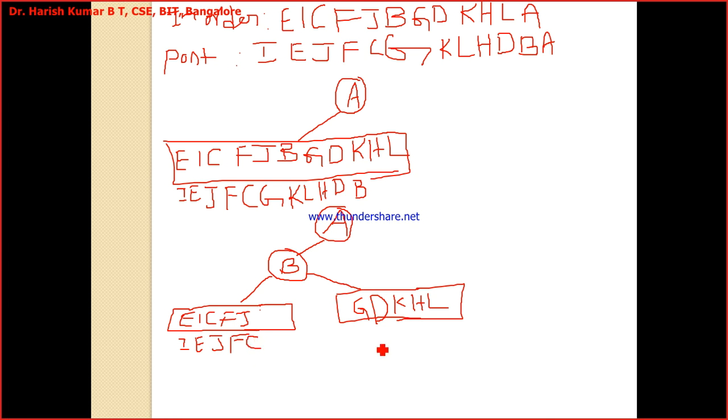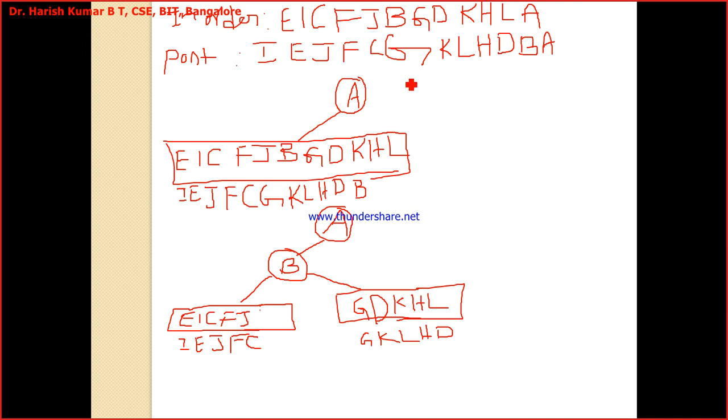And similarly I go for arranging this also as it is in the postorder. Now when I look, G itself is the first, and next it is K, and next it is L, and next it is H, and finally it is D. Is that clear?